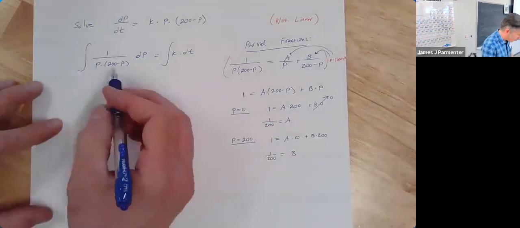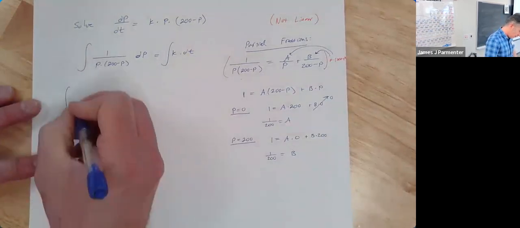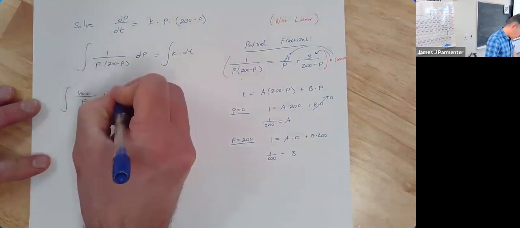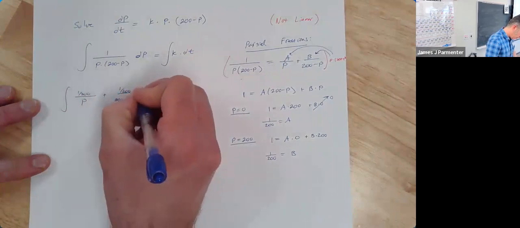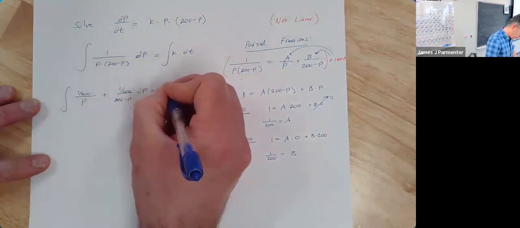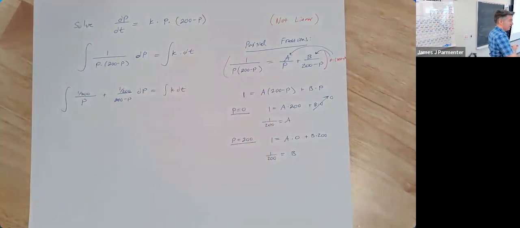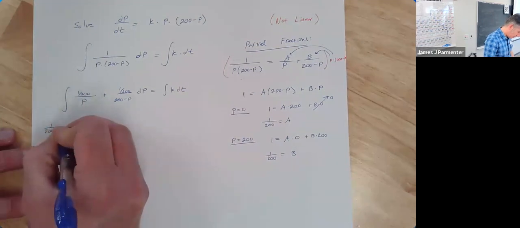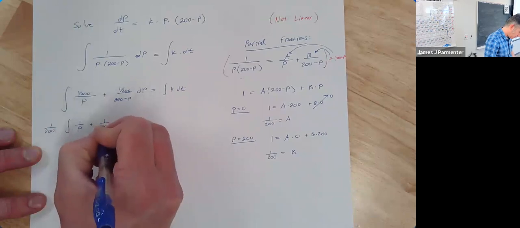So I can rewrite this integral as the integral of 1 over 200 over p plus 1 over 200 over 200 minus p. Or if I was maybe smarter about it, I would factor out the 1 over 200 and rewrite this as 1 over 200 times the integral of 1 over p plus the integral of 1 over 200 minus p.